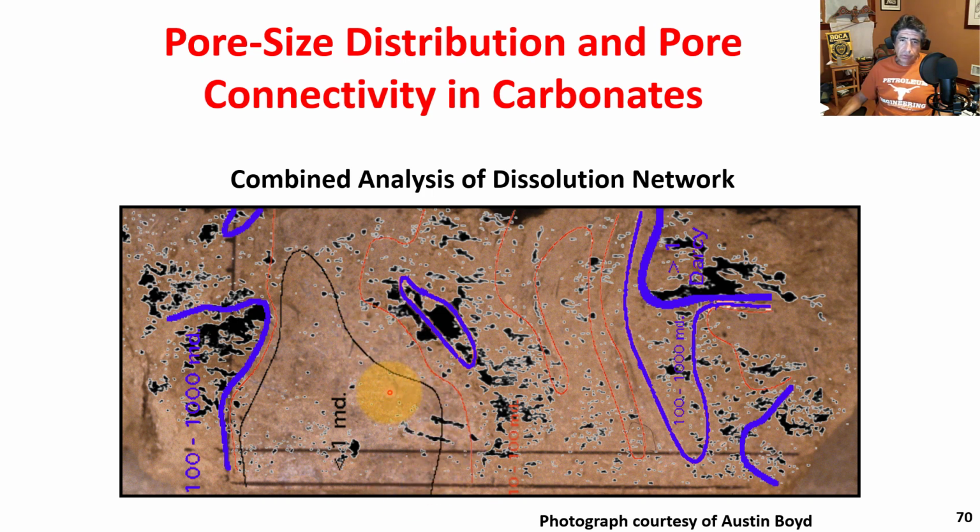And so if you were to look at these values of corresponding permeability, you will see that the region that has microporosity will have an equivalent of 1 millidarcy, whereas the largest pores have an equivalent of 100 to 1000 millidarcies, and then in between you will go between 100 and 300 millidarcies.